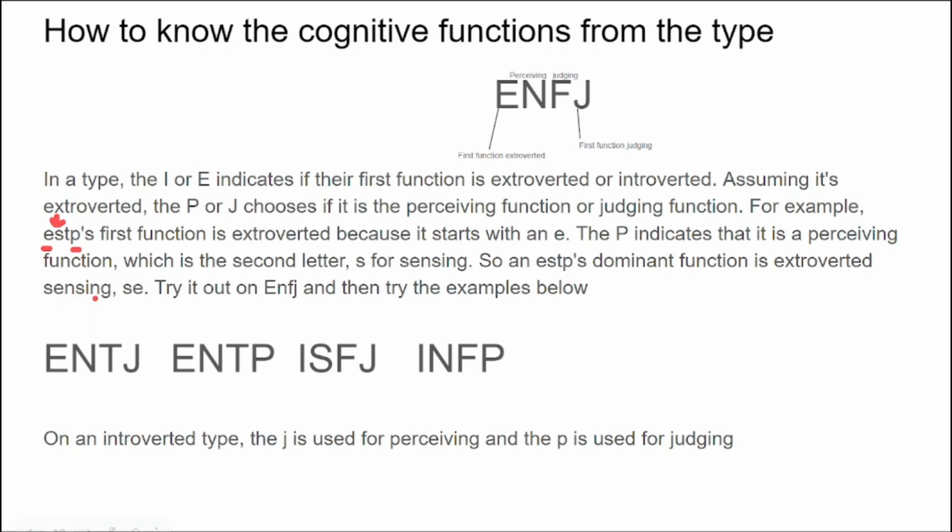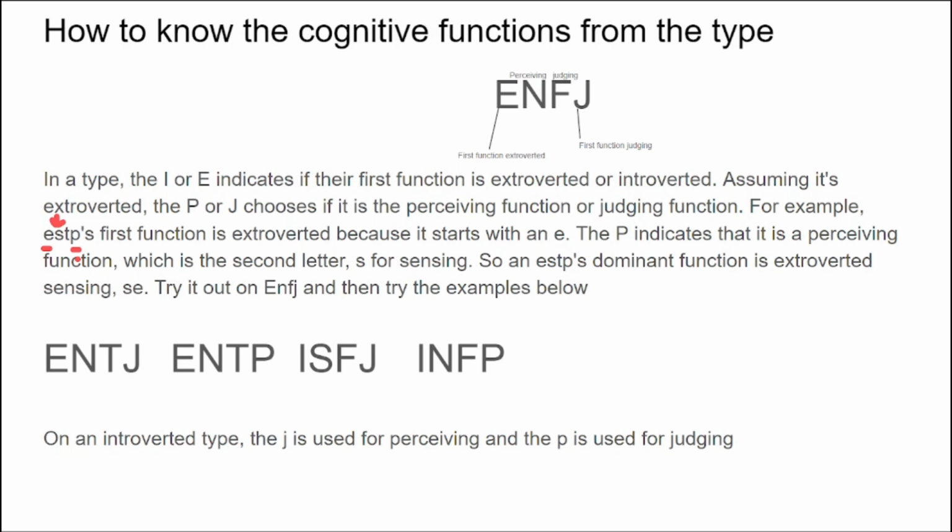I don't seem to have explained how to get the other function, but when you have one extroverted function, how do you find the other function? What's an ESTP's second function?